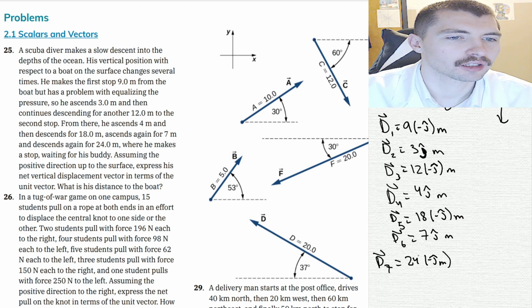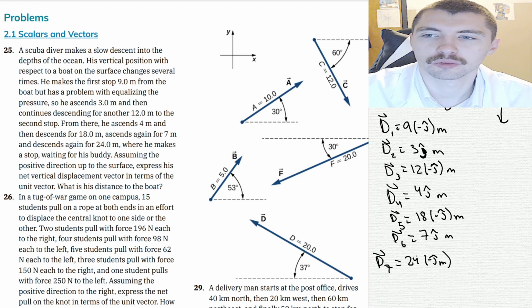Assuming the positive direction up to the surface, express his net vertical displacement vector in terms of the unit vector. What is his distance from the boat?